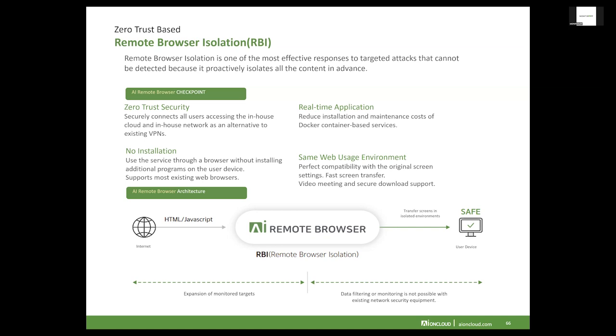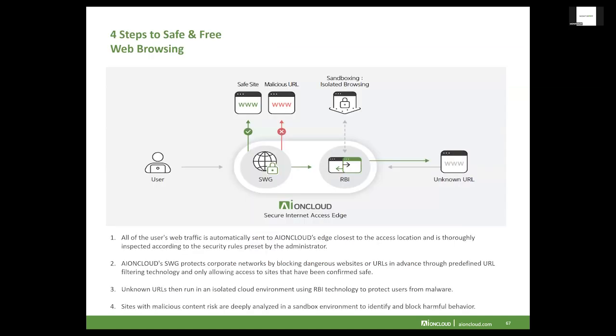It allows users to access the web in real time and without installing any additional programs because it fits inside the web browser screen that is already being used. Instead of the browser opening the traffic for a user, this traffic is instead opened in an isolated sandbox environment. The sandbox then pushes the pixels of the screen to the user.